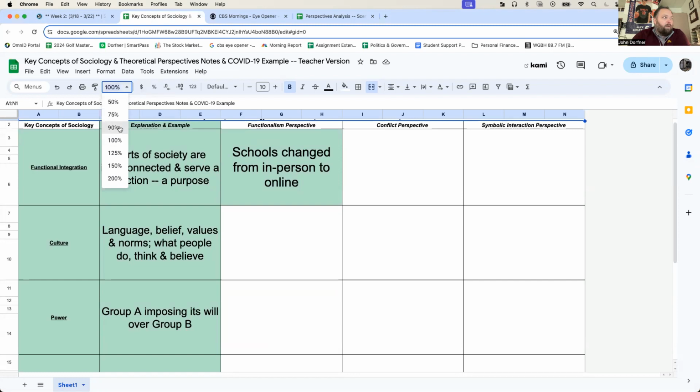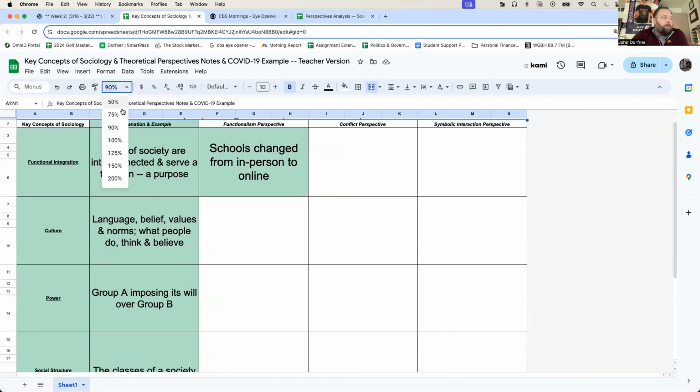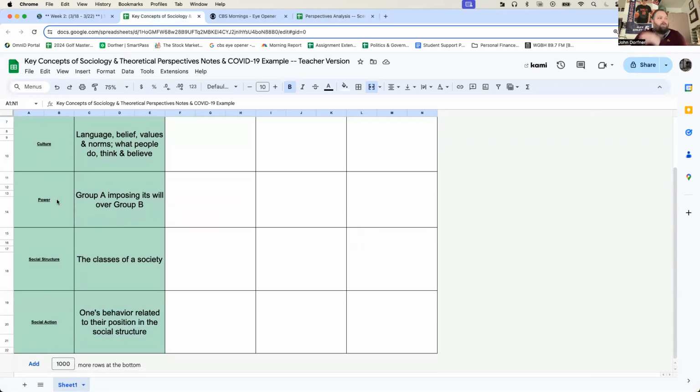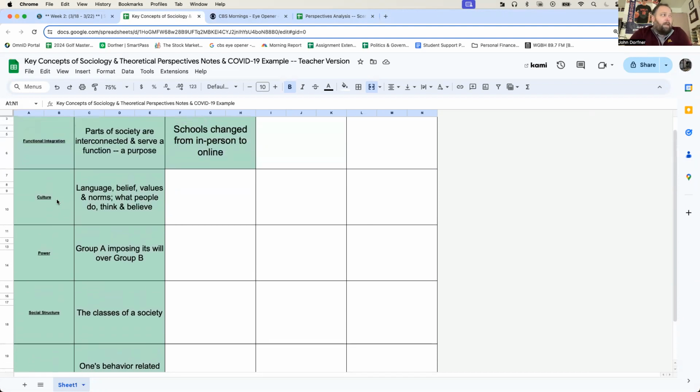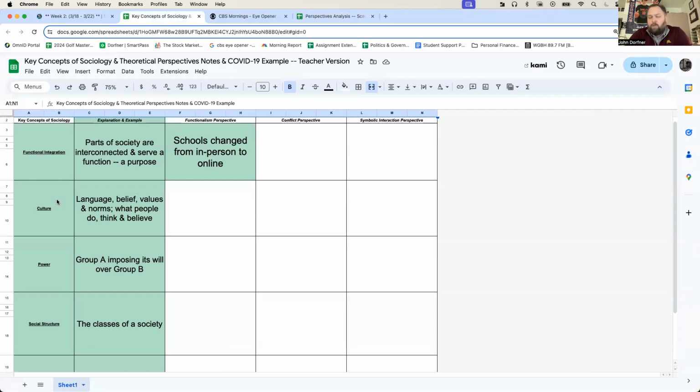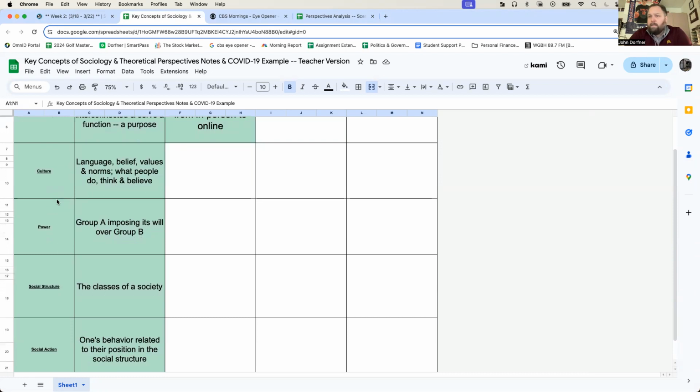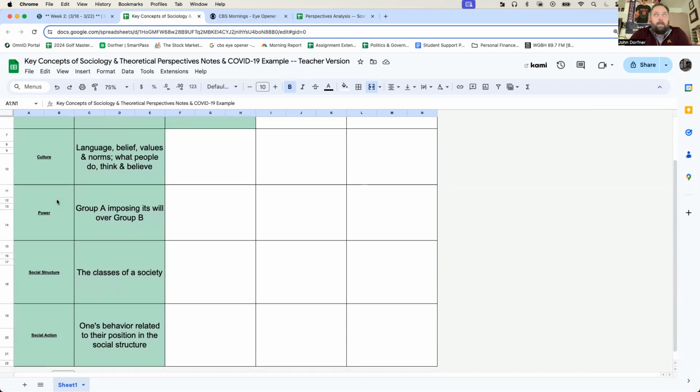So Wednesday, we ran through this document here. We started going through it, and I gave you some examples of what the key concepts of sociology are: functional integration, culture, power, social structure, and action. You should have these more or less brief explanations down, okay? And again, when we're talking about societal change, every society has these key concepts of sociology, these group behaviors and group characteristics.